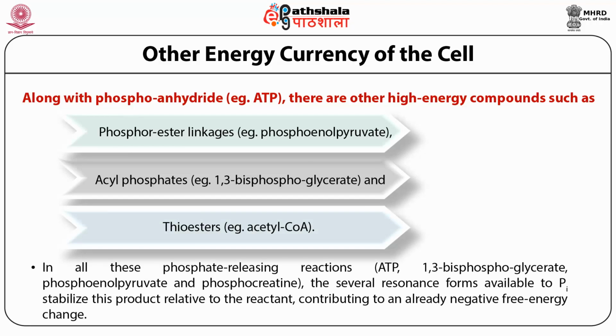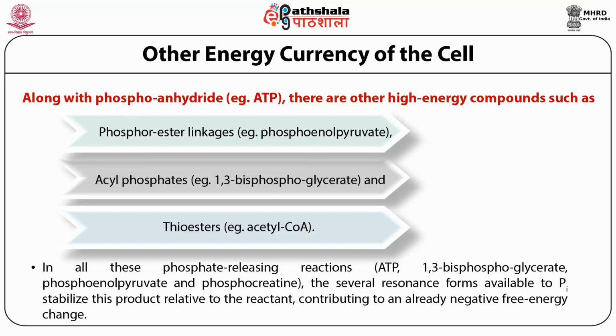In all these phosphate releasing reactions like ATP, 1,3-bisphosphoglycerate, phosphoenolpyruvate and phosphocreatine, there are several resonance forms available for inorganic phosphate and its stability relative to its reactant, contributing to its large negative free energy change.